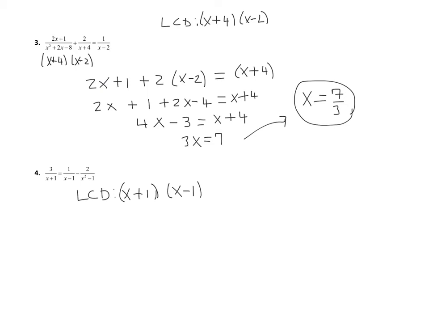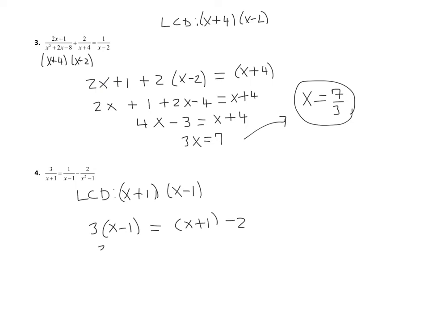When I multiply the first one, I'll be left with 3, and x plus 1 is going to cancel, but x minus 1 is going to remain, is equal to the next one, I'll be left with x plus 1, because x minus 1 is going to cancel out, minus, the last one has the same denominator as the LCD, so it's just going to be 2.